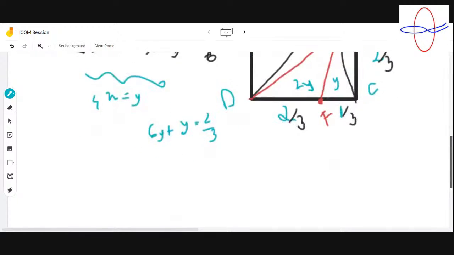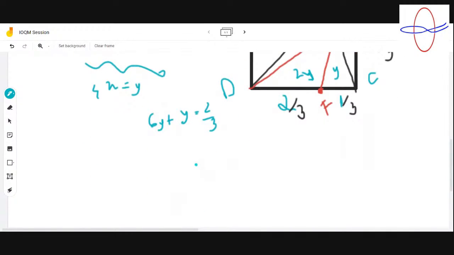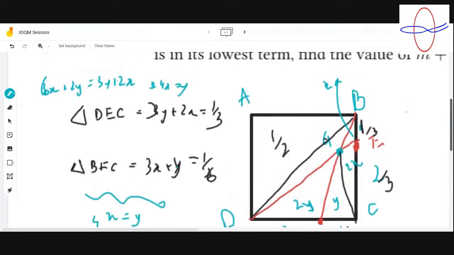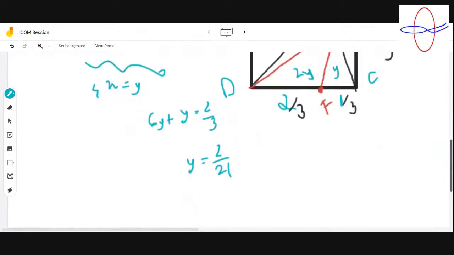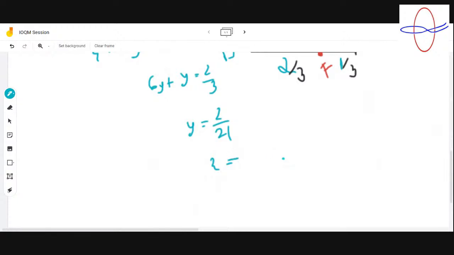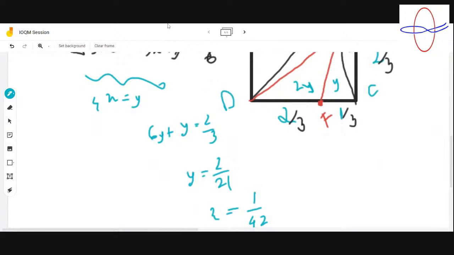Therefore, y is equal to 2 by 21. X is equal to 1 by 42. Perfect, right? So y is equal to 2 by 21, and x is equal to 1 by 42.